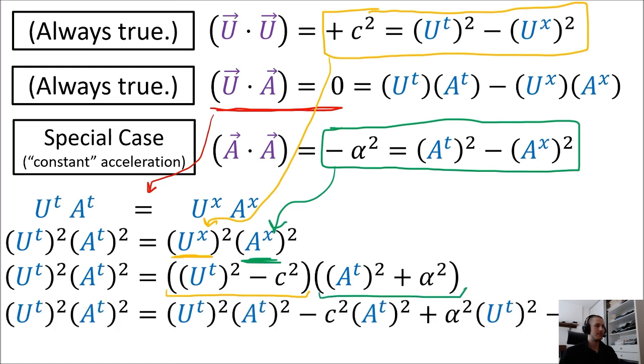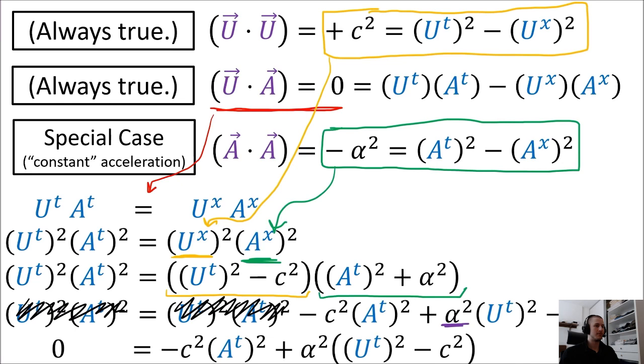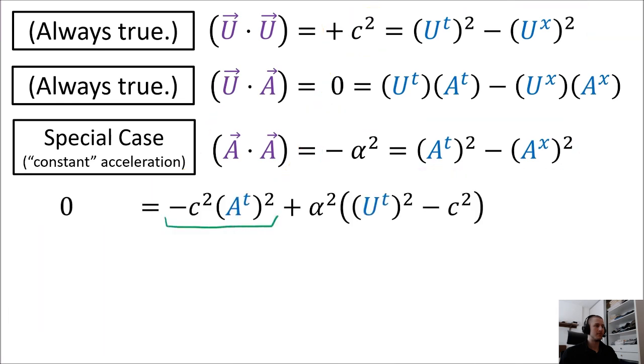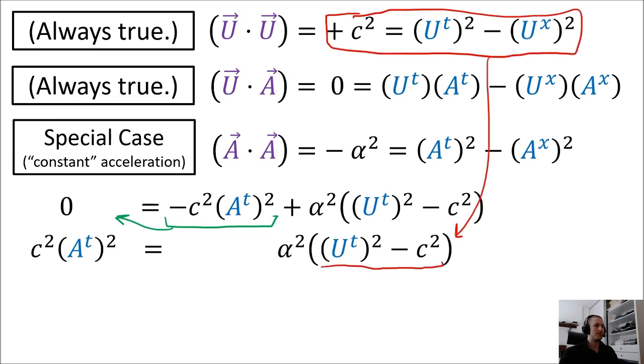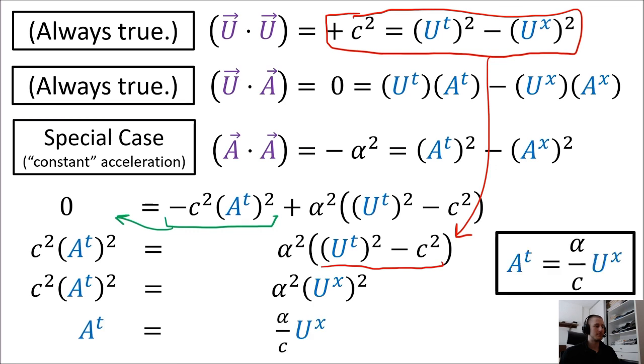If we distribute this multiplication, we get 4 terms: ut squared at squared minus c squared at squared plus alpha squared ut squared minus c squared alpha squared. Ut squared at squared cancels on both sides, and we can factor out alpha squared from both of these terms. We can move this to the other side and then replace ut squared minus c squared with ux squared. Taking the square root of both sides, we finally get at equals alpha over c times ux.